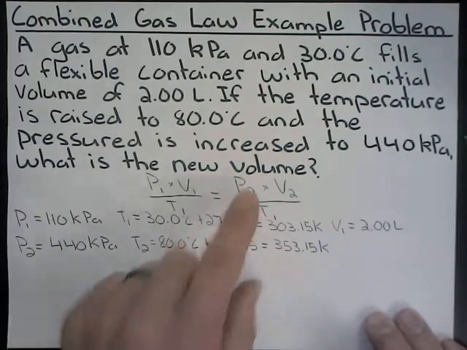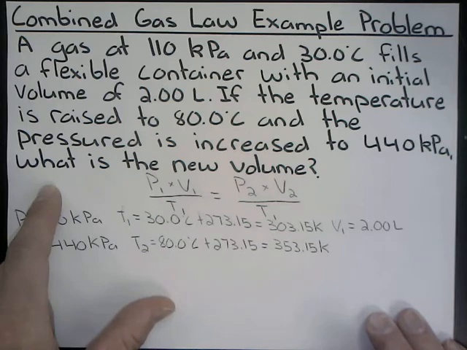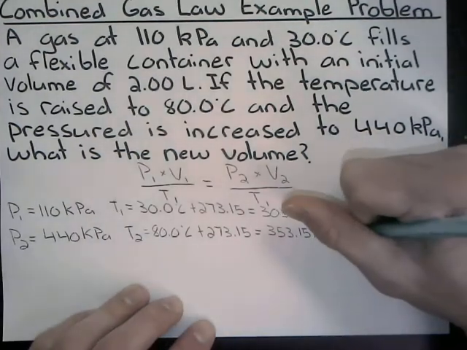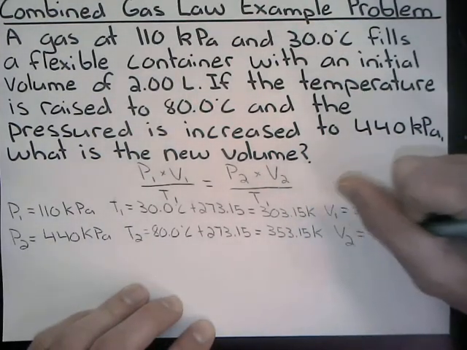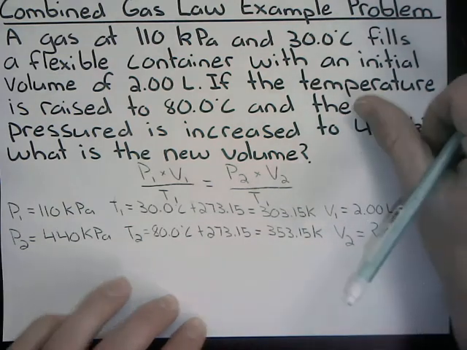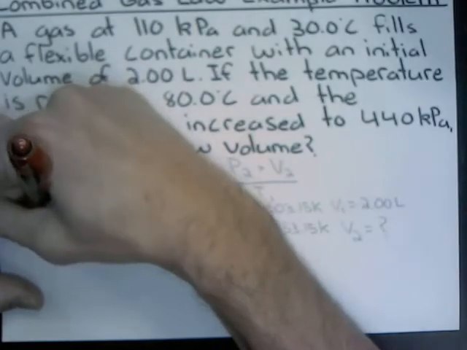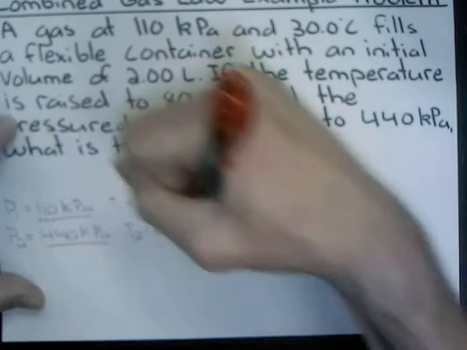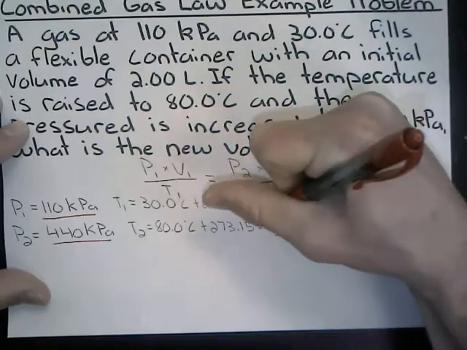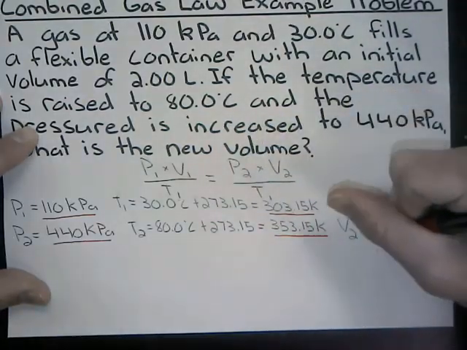Now, the new volume is what we are trying to find. So our final volume here, or V2, is our big question mark. Okay, so we have some values that we are going to use. There's a lot of numbers, so I'm just going to highlight or underline here in red all of the numbers that we will utilize.